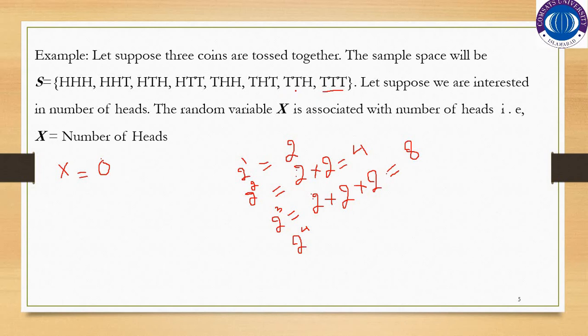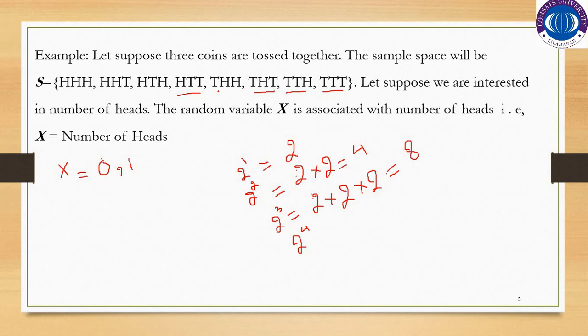Now, if you concentrate on this outcome, and this outcome, there is only one head. So, X is equal to 1 means the outcome which possesses one head.